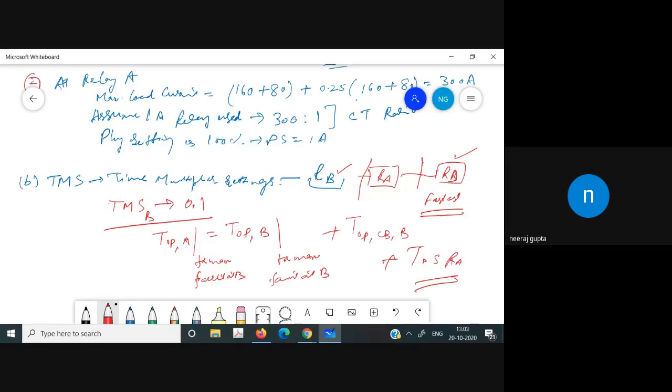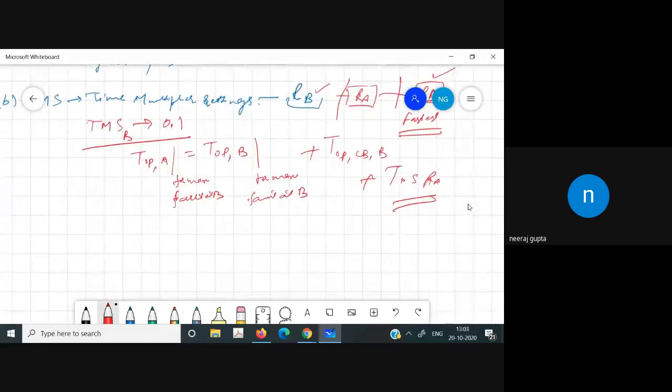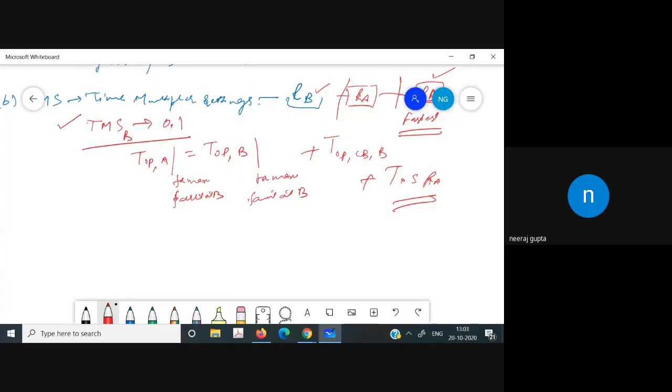Now we have to calculate the operating time of RB. Already TMS in this case is given as 0.1.